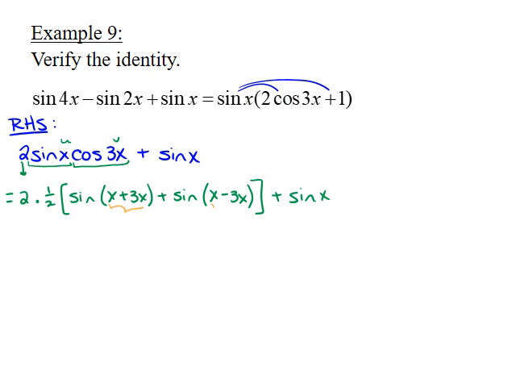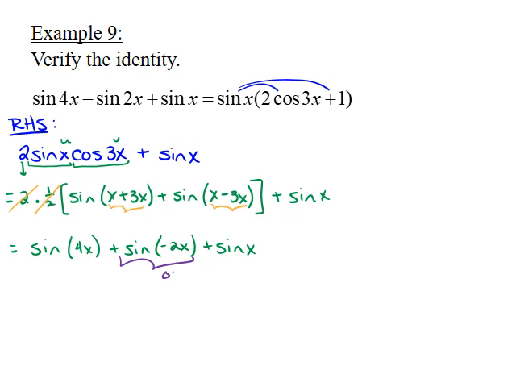Okay, just like before, we'll simplify our arguments, and the 2 and the 1/2 cancel. So I have sine of 4x plus sine of -2x plus sine of x. And if you glance ahead and look at the left-hand side, we're getting pretty close. The only thing that we don't have is this middle term.